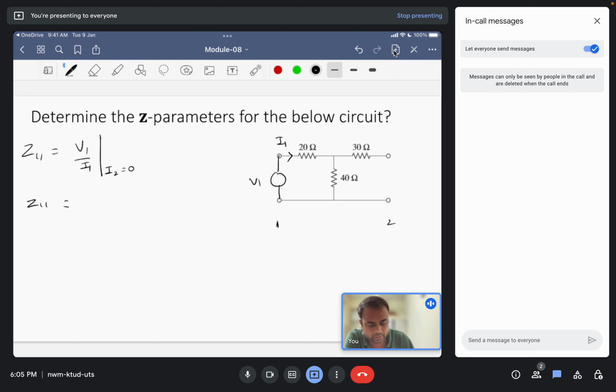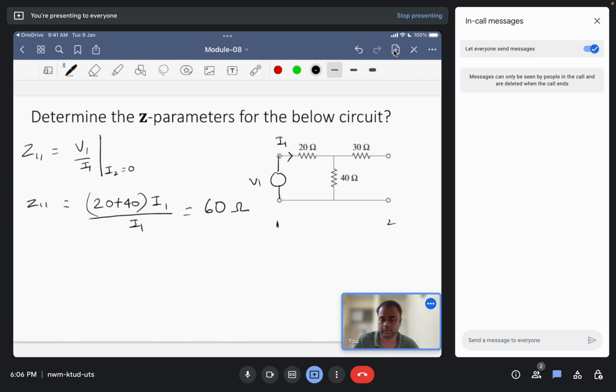Since there is no current flowing through this network, all the current I1 will flow through the 20 ohm resistor followed by the 40 ohm resistor. So V1 will be the sum of 40 plus 20 ohm multiplied by the current I1, divided by I1. This comes out to be 60. So Z11 is 60 ohms.